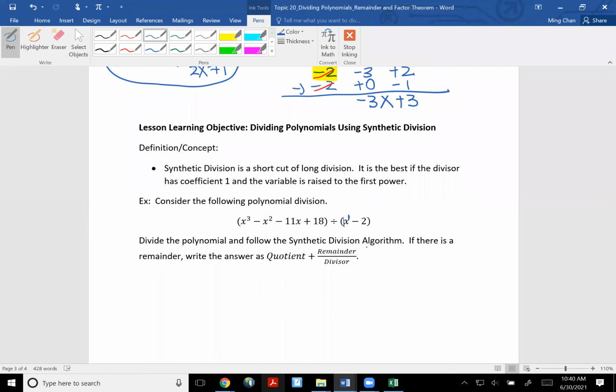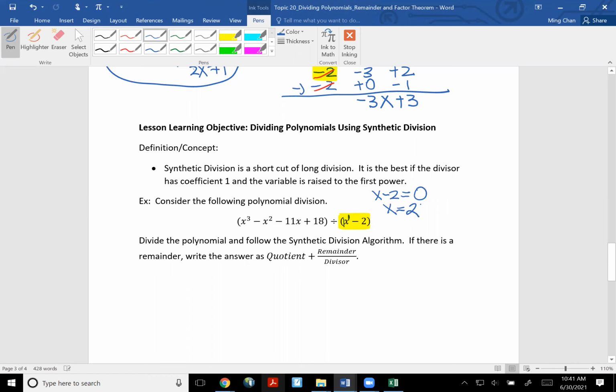So remember earlier when we did a long division, the remainder was 0. What I said was, if the remainder is 0, that shows that this divisor is a factor of that polynomial. If this divisor is a factor of the polynomial, then what I can do is set the factor equal to 0 and solve for x.